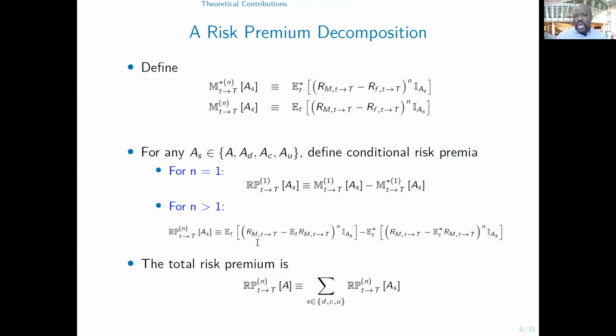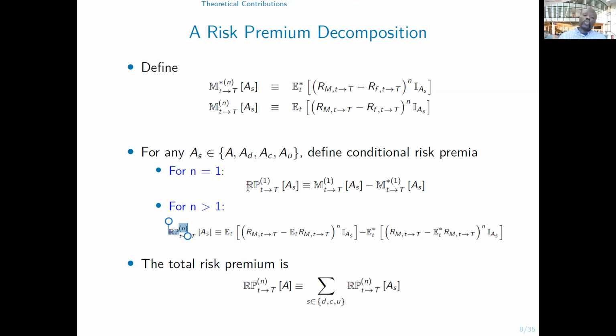This is because of the way that we define these risk premia. If you use n equal to 1, the whole thing will be 0, for example, for the positive real line. So these definitions are consistent with the definition of equity risk premium and the definition of the variance risk premium or any high order risk premium.